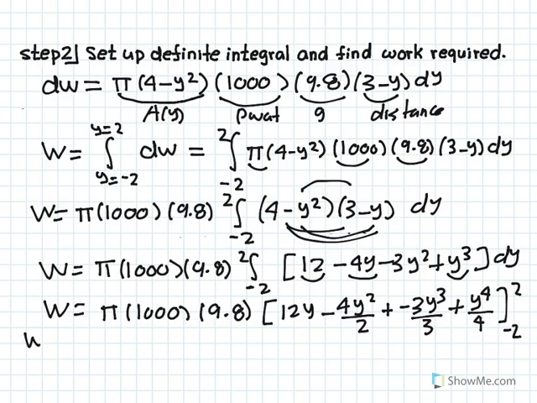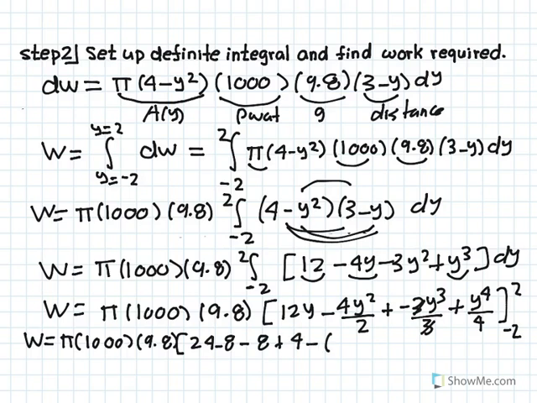Actually, let's show that work. Work is pi times 1,000 times 9.8 times 12 times 2 is 24. Minus 2 squared is 4 times 2 is minus 8. And then this 3 cancels out. Minus 8 plus 2 to the 4th is 16 over 4 is 4. Minus, now put the lower limit in, we get minus 24. We get minus 2 squared is 4, that's minus 8.